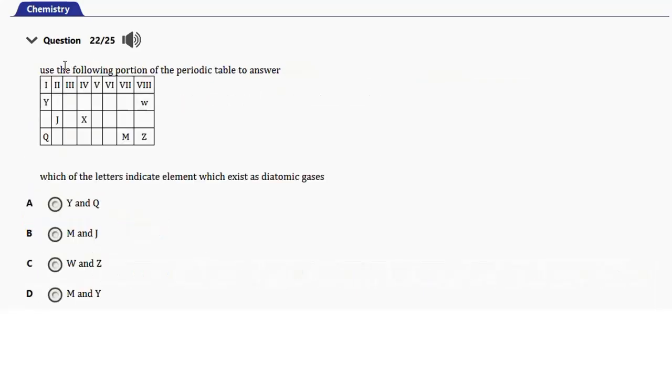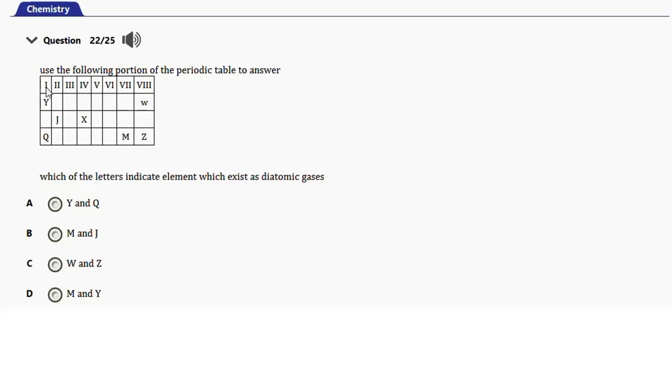It says use the following portion of the periodic table to answer this question. Which of the letters indicate elements which exist as diatomic gases? So it will be the one under group 7 and group 1, hydrogen gas, and this could be iodine gas.